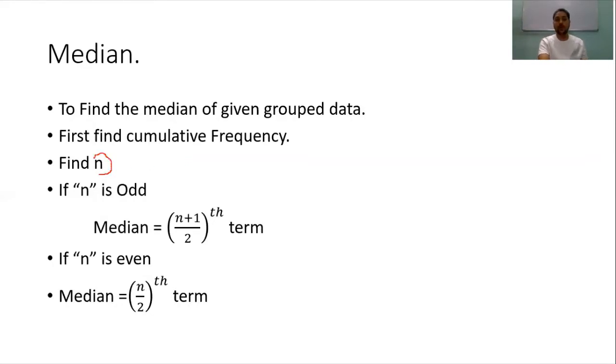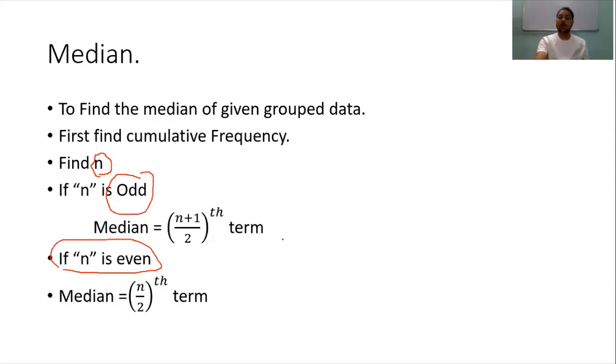N is the sum of all the frequency. Now, after that, we have to check if n is odd or even. If n is even, then we'll apply the formula, that is n by 2th term. If n is odd, in that case, we'll apply the formula median is n plus 1 by 2th term.